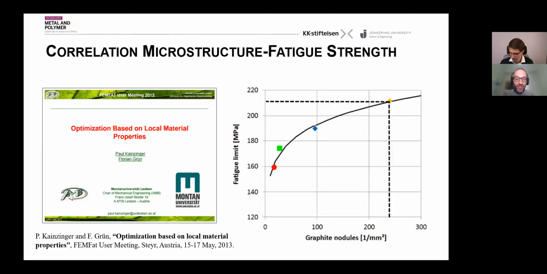What was quite relevant for us was the correlation between the casting process and the fatigue strength. For this, we used these kind of rules. We call it the Kainzinger and Grun rules that correlate the graphite nodule count to the fatigue limit. So we extrapolate from their work this curve, and we use that to map the fatigue strength all over the components based on what we simulate.